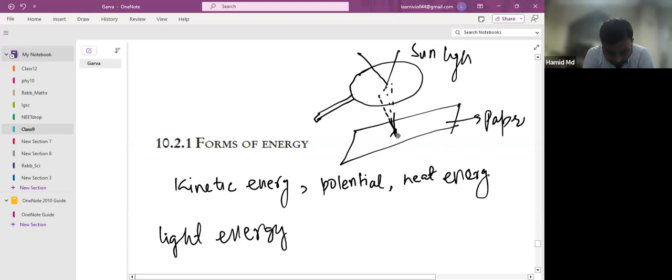That's light energy, one of the forms of light energy. Clear?